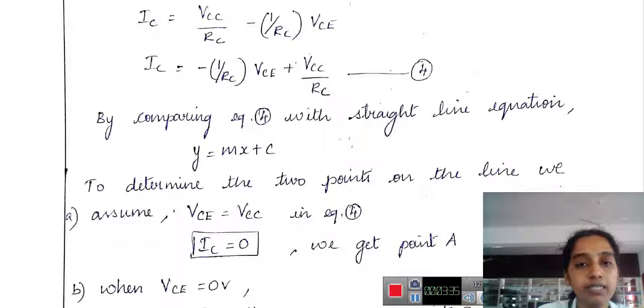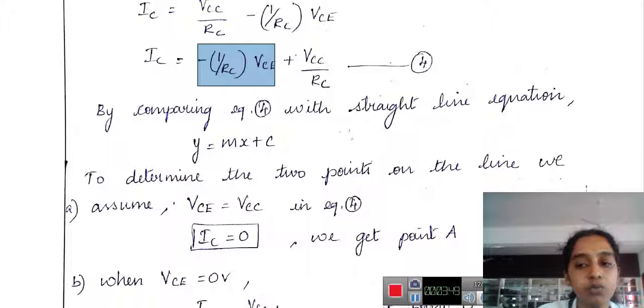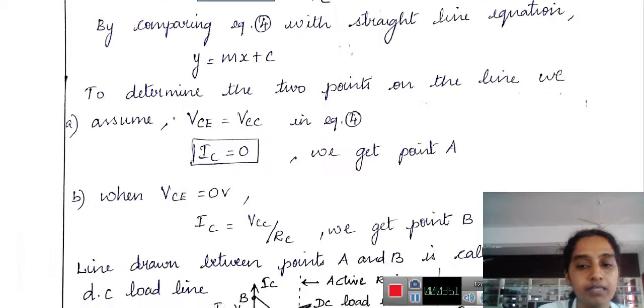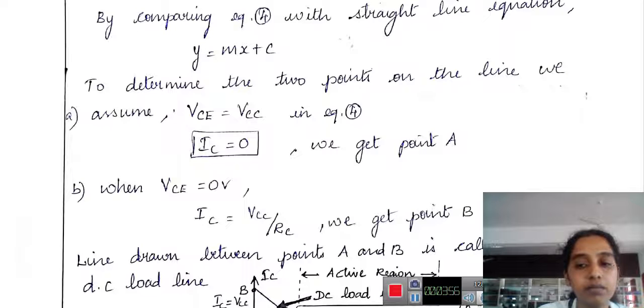This will be considered as point A. When I assume VCE equal to 0, the first term will become 0, so I have only VCC by RC. So IC will be equal to VCC by RC. From that we get point B.